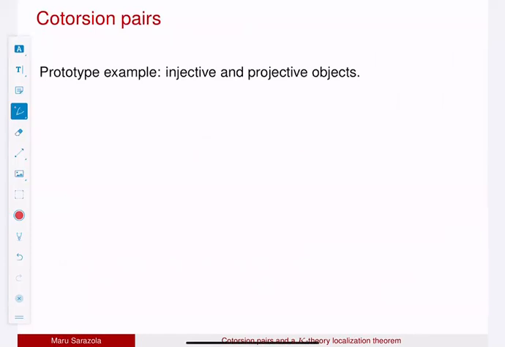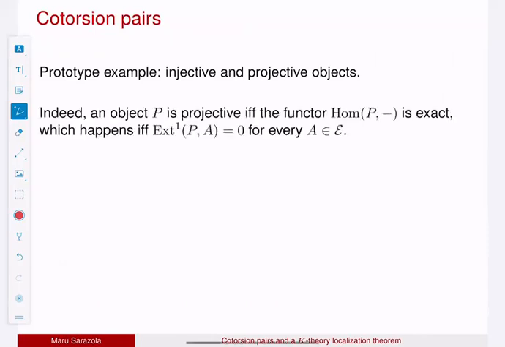So what is the example to keep in mind when we're talking about cotorsion pairs? It's that of injective and projective objects. Indeed, if we just take the classical projective objects in a category of modules, we see that an object is projective precisely if the functor Hom out of P is an exact functor. And that's going to happen if and only if Ext^1 out of P is 0. So Ext^1(P, A) vanishes for every A in our exact category.